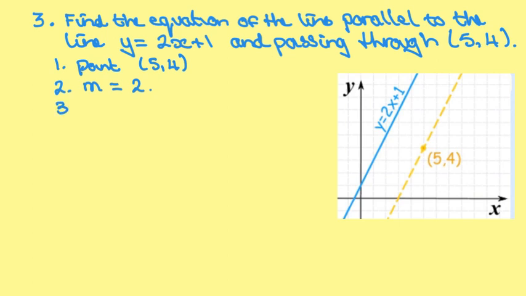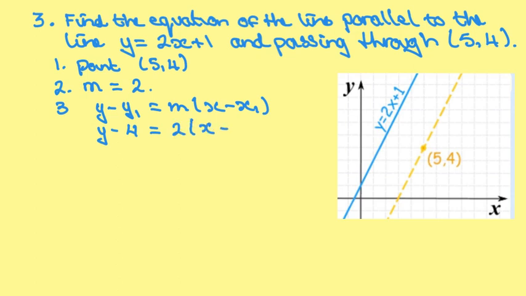And three, we use the formula y minus y1 equals m times x minus x1. Substitute in our values, so we get y minus 4 is equal to 2 brackets x minus 5. So we get y minus 4 is equal to 2x minus 10.